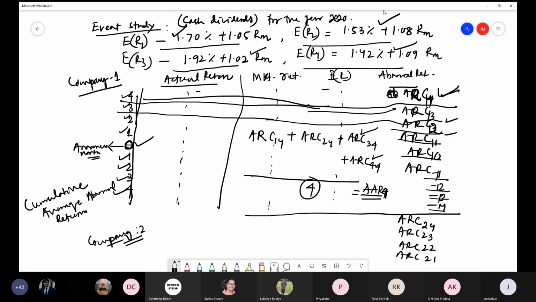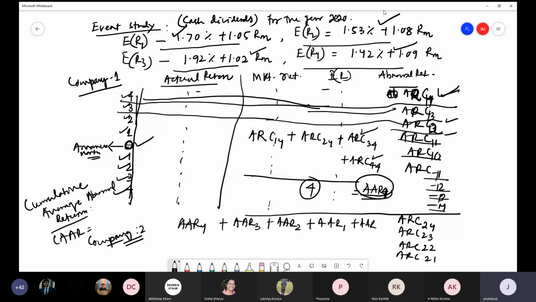That means whatever returns you are calculating for each period: AAR 4 plus AAR 3 plus AAR 2 plus AAR 1 plus AAR 0, then AAR -1 plus AAR -2 plus AAR -3 plus AAR -4.